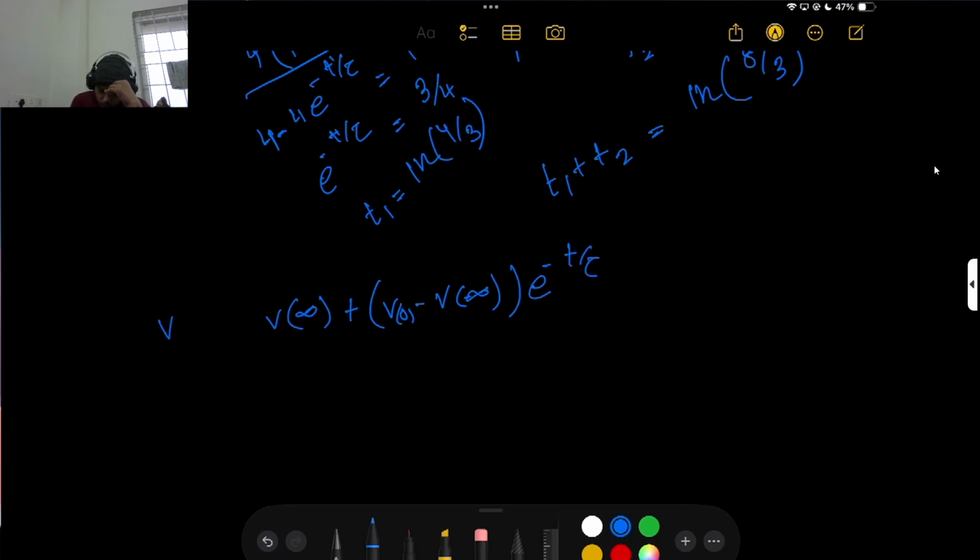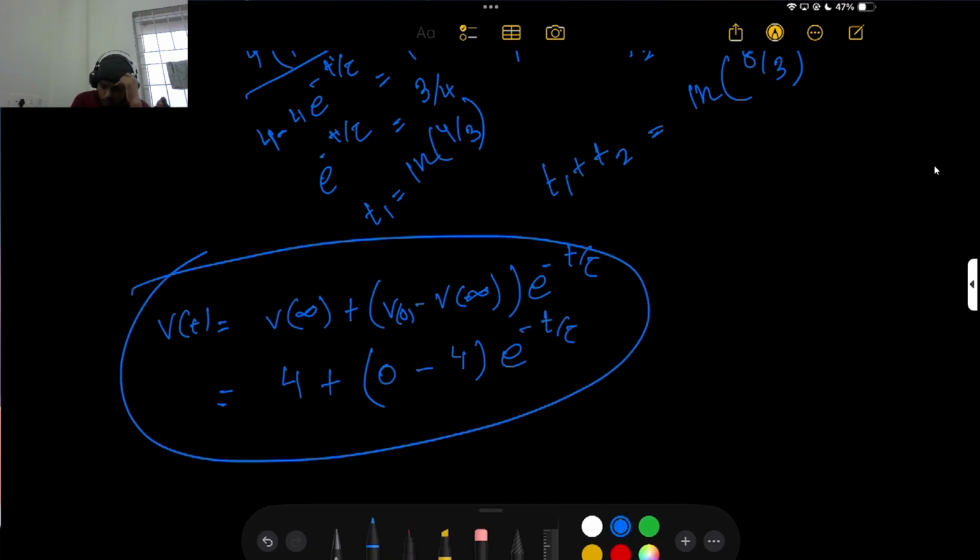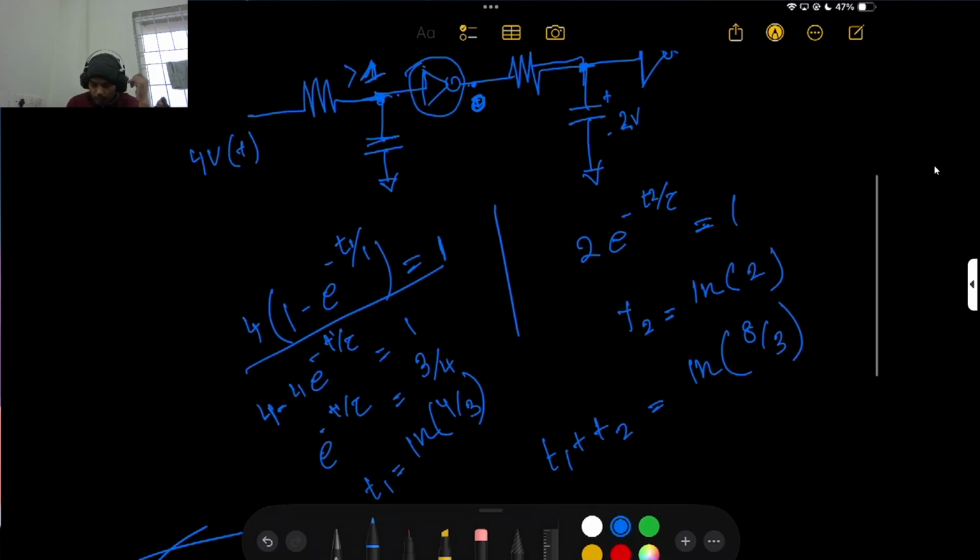So from this, V of t equal to, V infinite means at infinite what is the voltage? That is 4 plus, and V naught is the voltage the capacitor stores, that is 0, minus 4. So from here we get this. I hope you understood this.